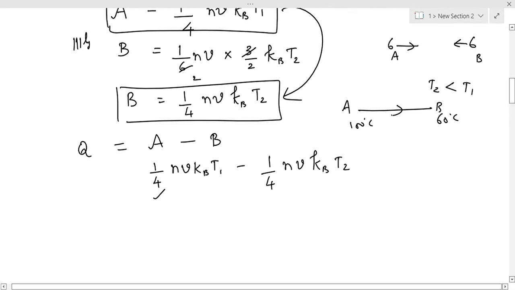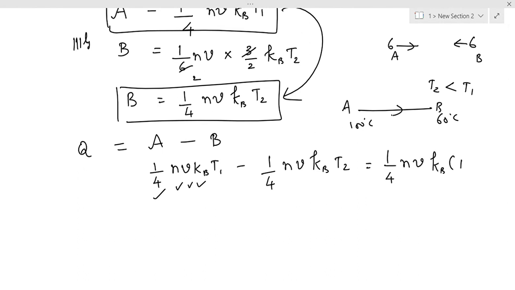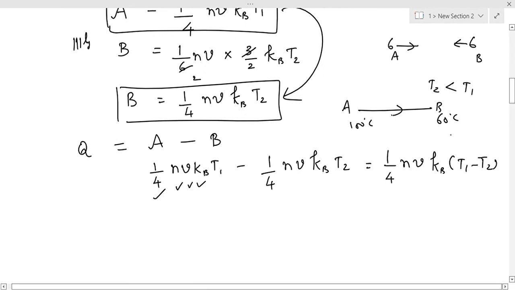Taking 1 by 4 nv kB as the common term, I'll get Q equal to 1 by 4 nv kB (T1 minus T2). So this is the equation for Q.